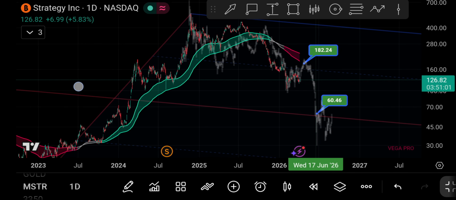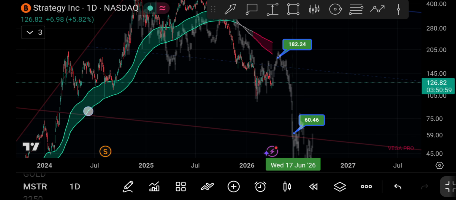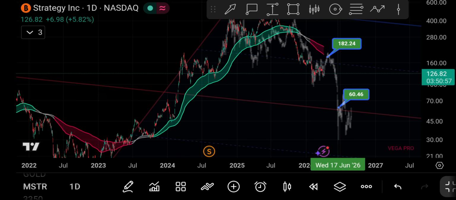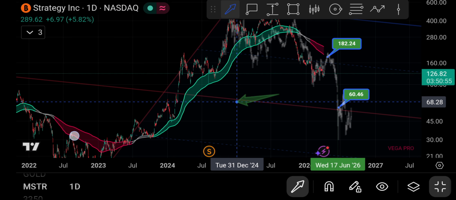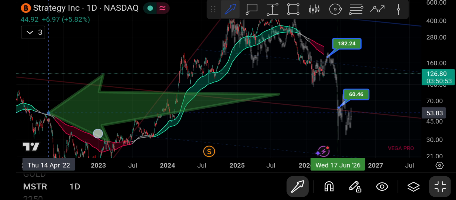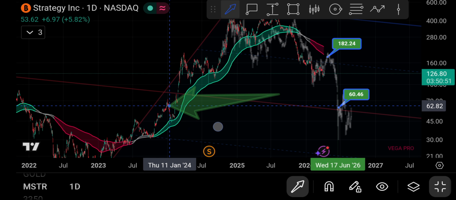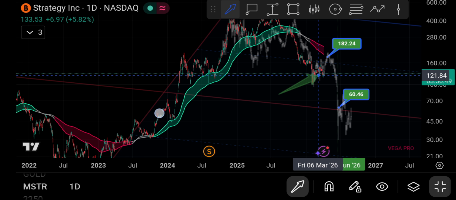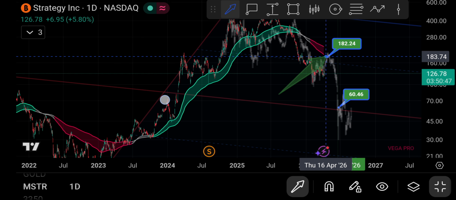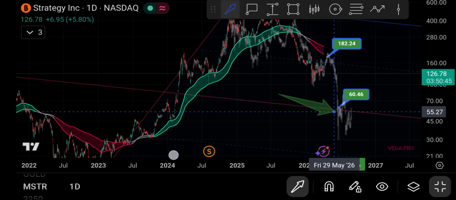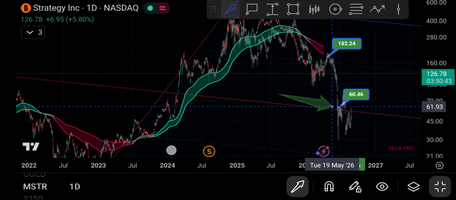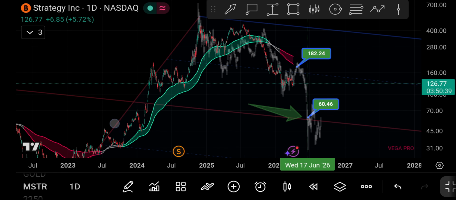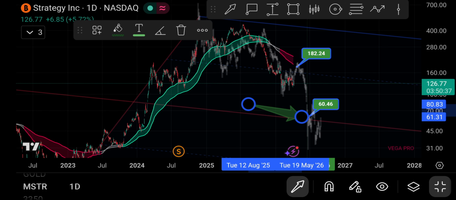Okay, and as I mentioned before in the previous videos, in the last cycle we touched the matrix line and then we had the big decline, and that could happen in here. Okay, and that gives us a target time frame and a price target also.